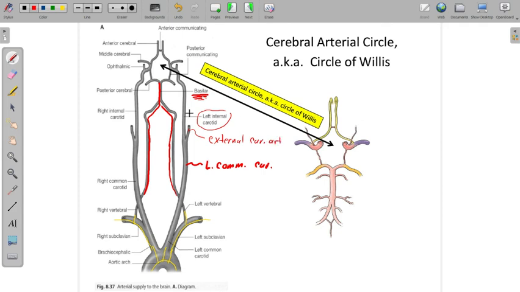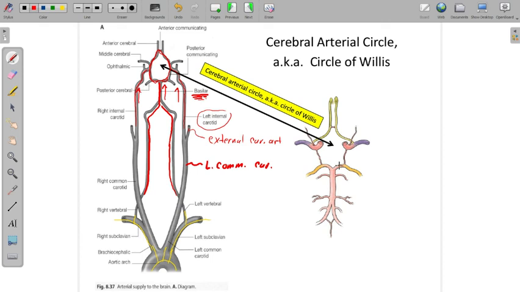Okay, so here is the internal. They're both running up on both the right and the left, and then they enter this little loop-de-loop through that carotid canal, and then they form this ring. And this is the circle of Willis. And you have the vertebral arteries and the basilar arteries supplying blood, and you have the internal carotids supplying blood as well. That pressurizes the circle.